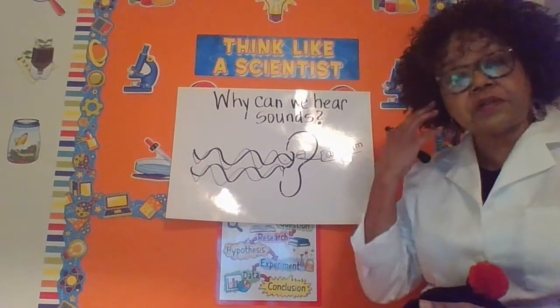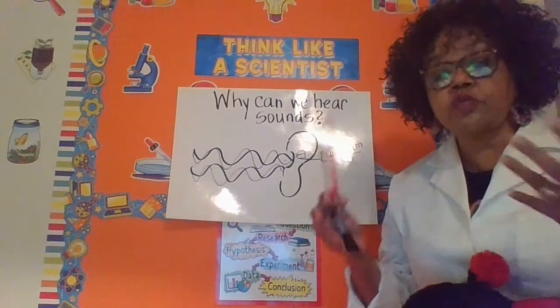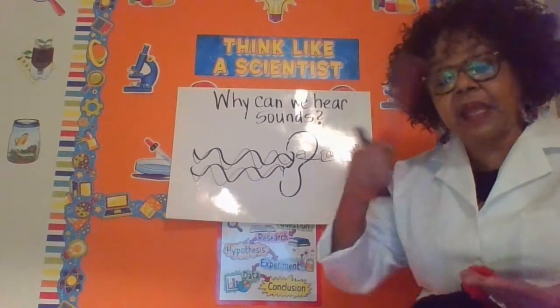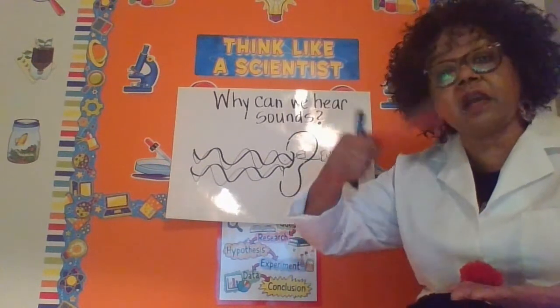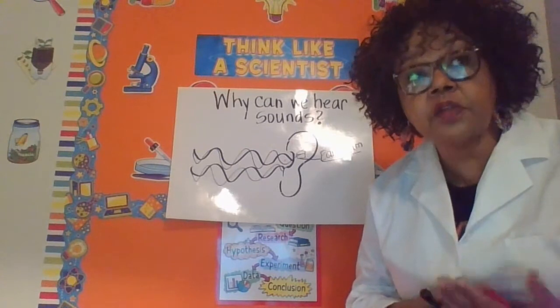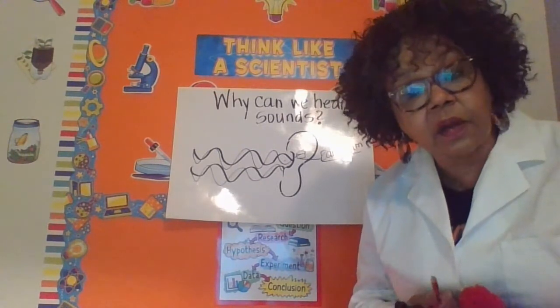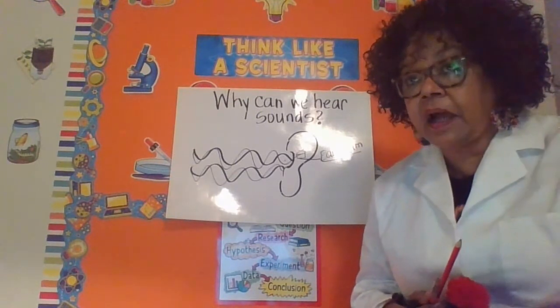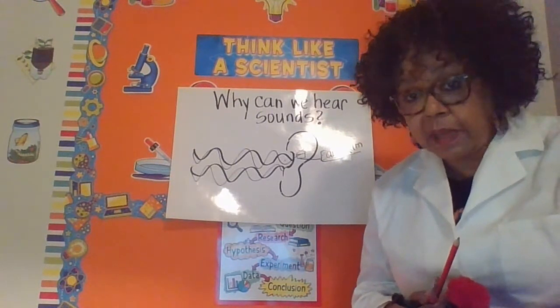But what I wanted you to understand is that this drum itself can't make any sound by itself. Something has to hit it. Something has to come in contact with the drum in order for the drum to make the sound, all right? And then we hear the sound that a drum would make.